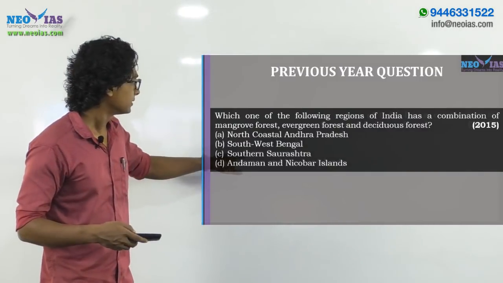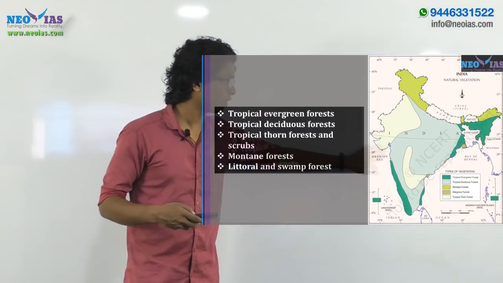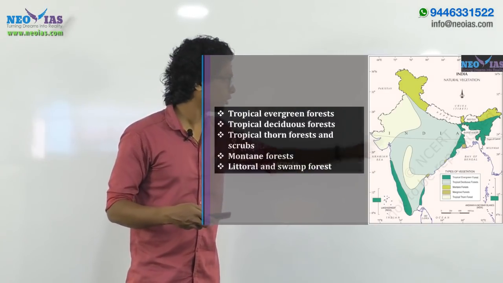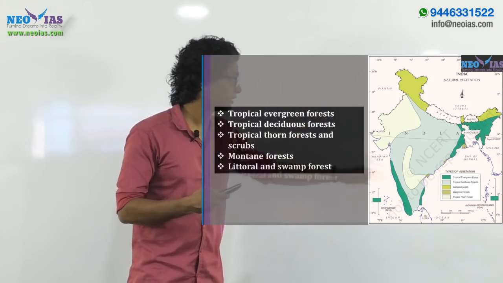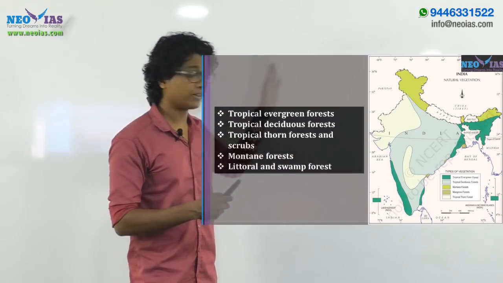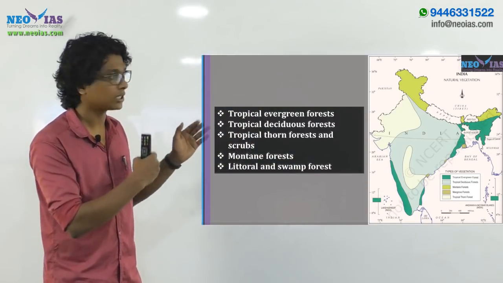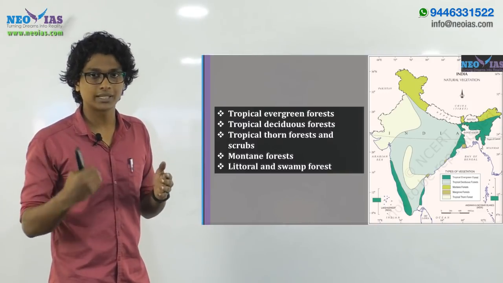And then southern Saurashtra, and in southern Saurashtra also we are not having the mangrove forest. They are not the combination of all the three, evergreen as well as the deciduous forest, right? Evergreen is more limited towards the western coastal plain or the western coast of Western Ghats as well as the northeastern regions, then in the Andaman and Nicobar regions, right?